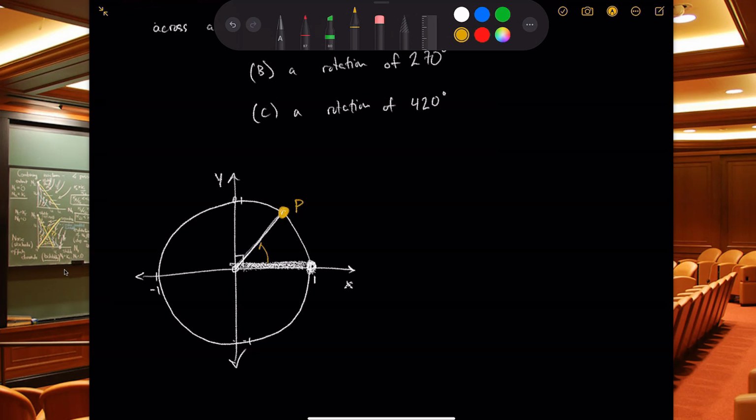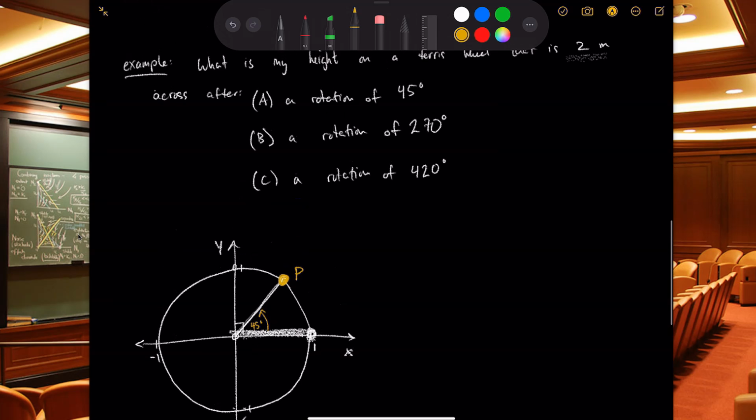So here is theta equals 45 degrees. The question is, how far up in the air are we after a rotation of 45 degrees?